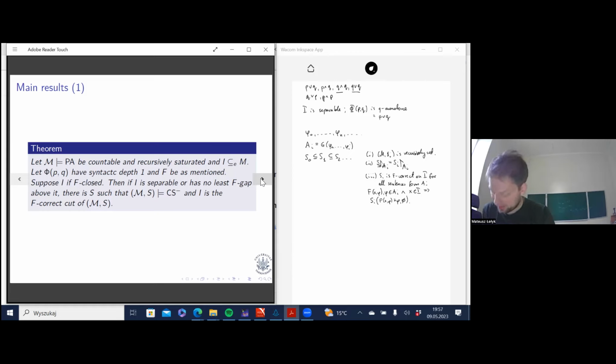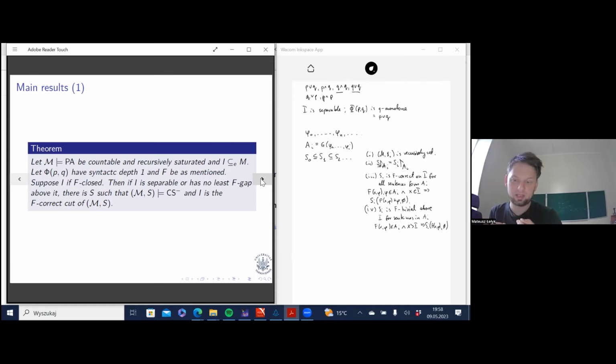And the last condition is that S_i is F-trivial above I for sentences in A_i, which means that whenever f(x, phi) belongs to A_i and x is greater than I, then S_i will make f(x, phi) true. So think of this F-triviality.